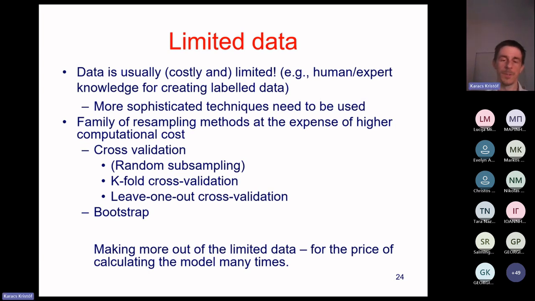One of the cornerstone problems in data science is the limited amount of data. The reason for that is that acquiring or collecting data is costly. And for supervised learning, you need humans or experts to create the labels, which is what we call the process of annotation.